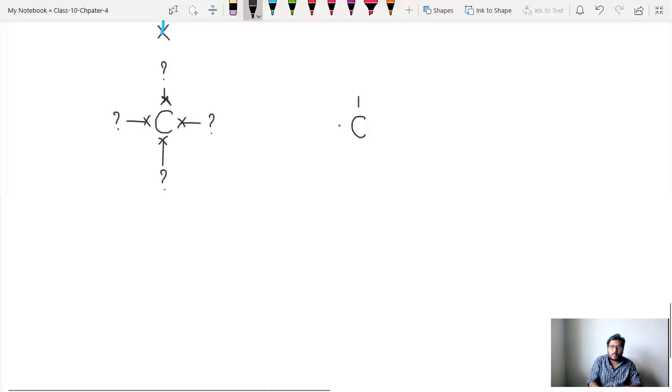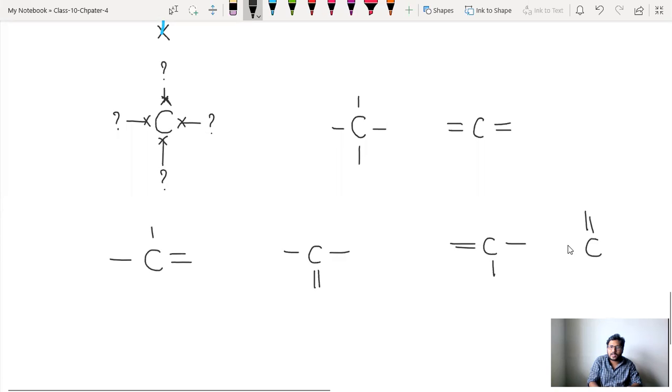Carbon 1, 2, 3, 4 means 4 valency. You can place them in any arrangement, and that is also correct. Whatever structure, no problem.